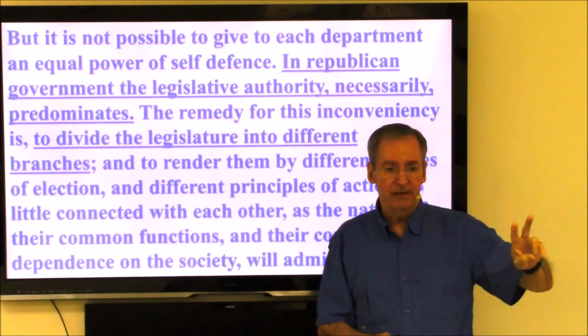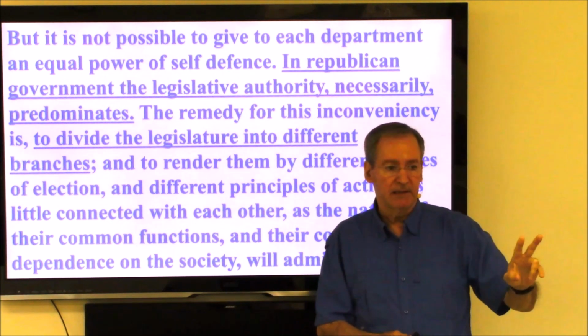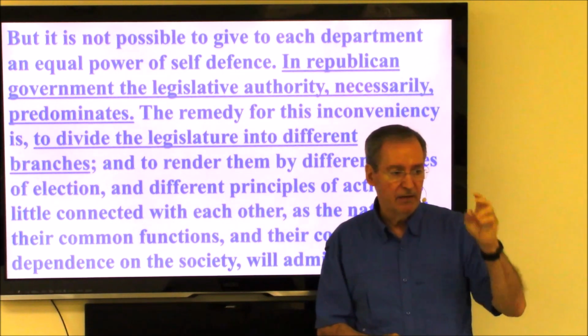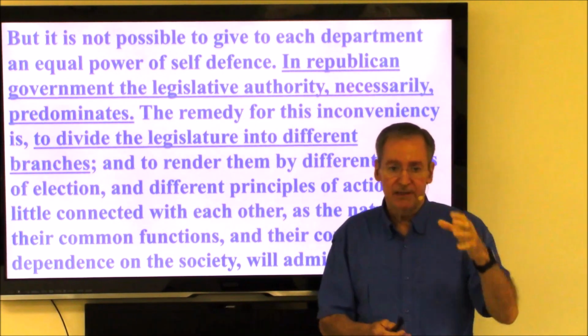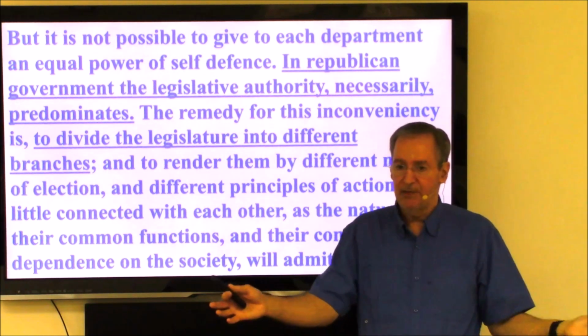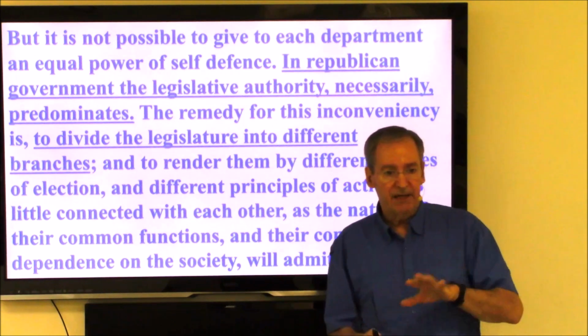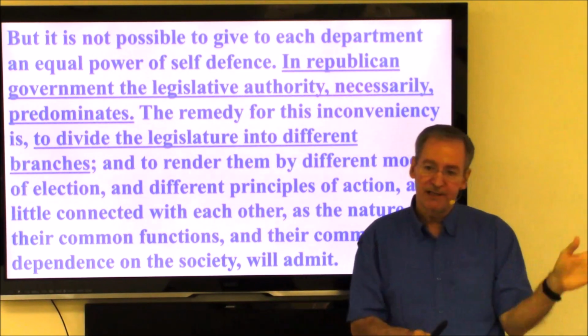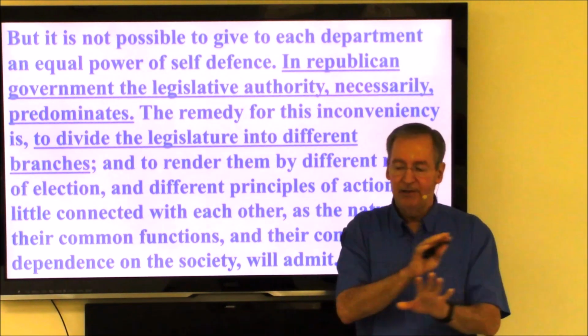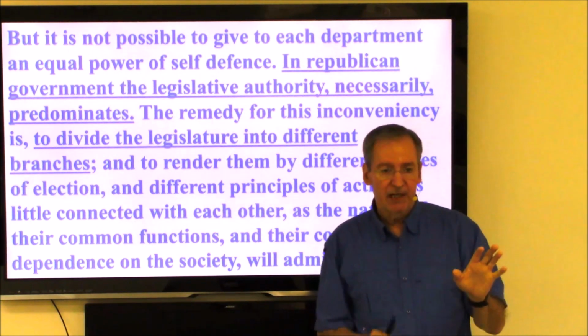Every 2 years, every seat is up for election. And the way you decide how many House members you have is based on your population. The Senate is every 6 years, but not all of them go out at the same time. It's staggered.